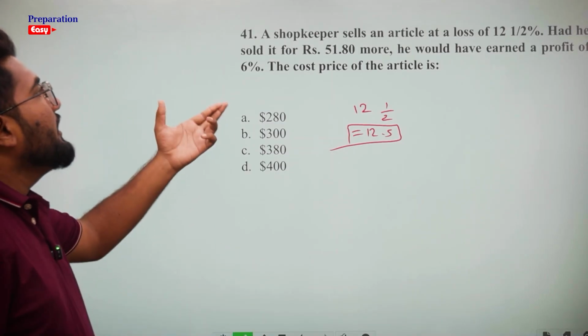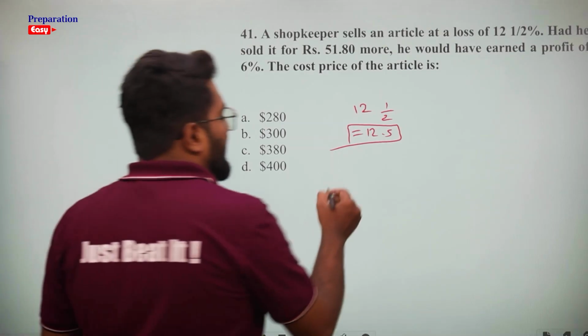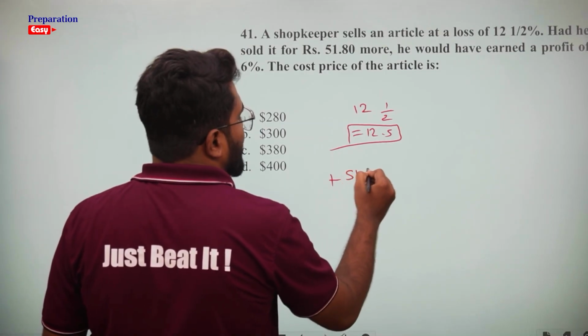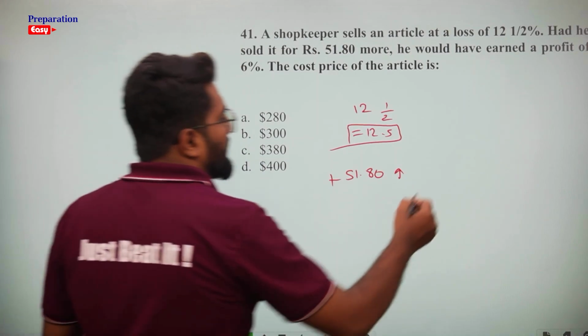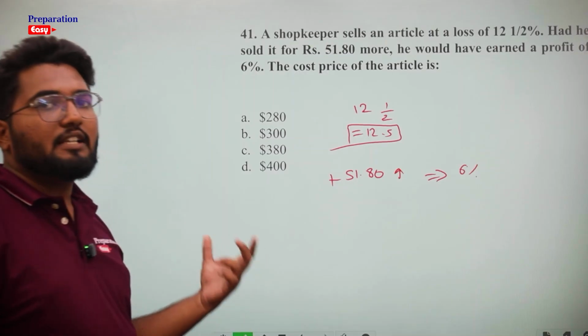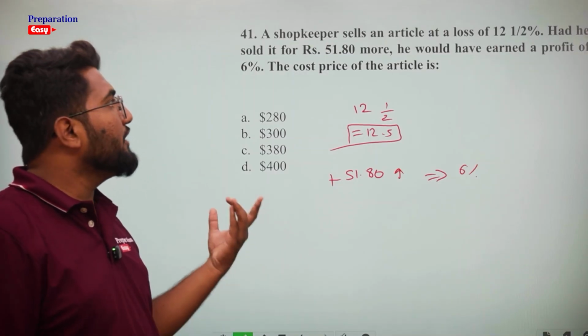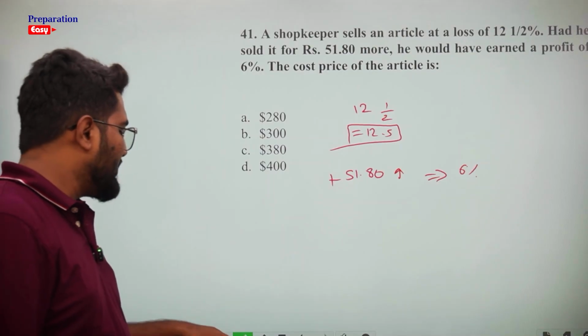Now if he had sold it for 51.80 more, then his profit would be 6%. So we have to find the cost price, that is CP of the article.